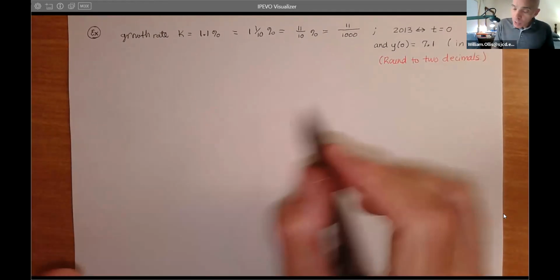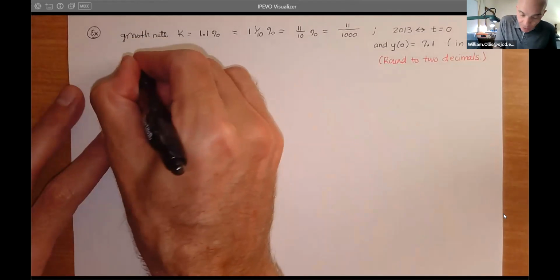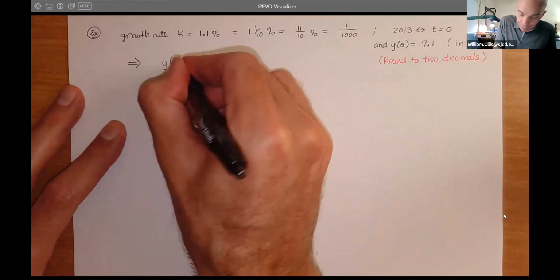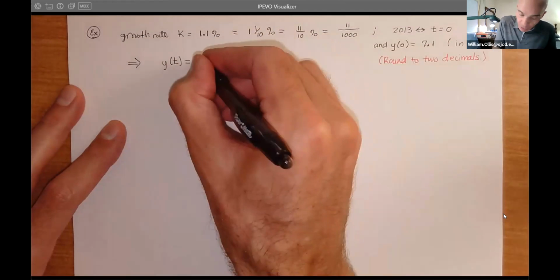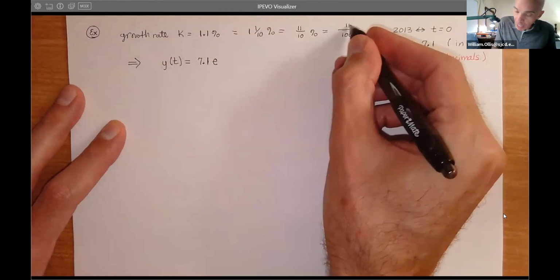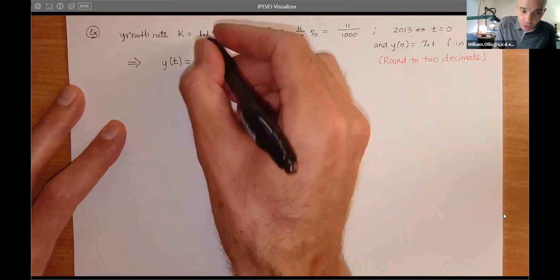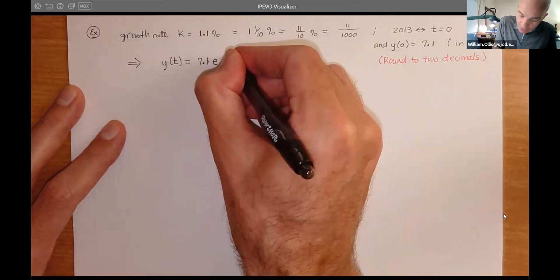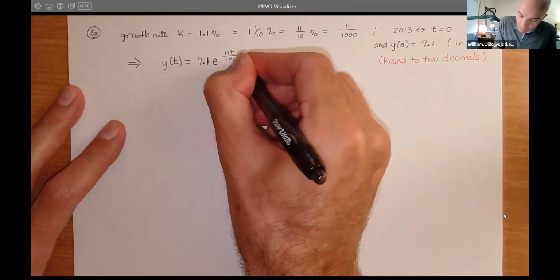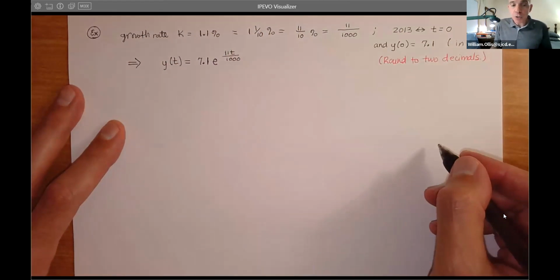Now, with that, this implies, again, that our solution curve will be the initial amount, 7.1 e, and now we have 11t over 1,000. That's our solution curve right there.